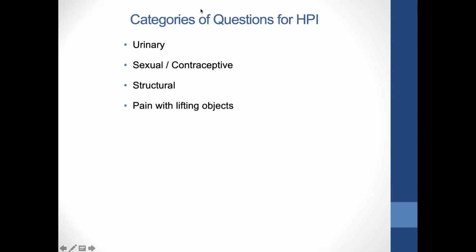So our questions for our history of present illness as our patient presents, we're going to ask them if they've got any urinary symptoms. We're going to ask them about their sexual activity and contraceptive choices or uses, any structural dysfunctions, pain with lifting objects. We're concerned about possible hernias. If they've had edemas in their penis or scrotum.